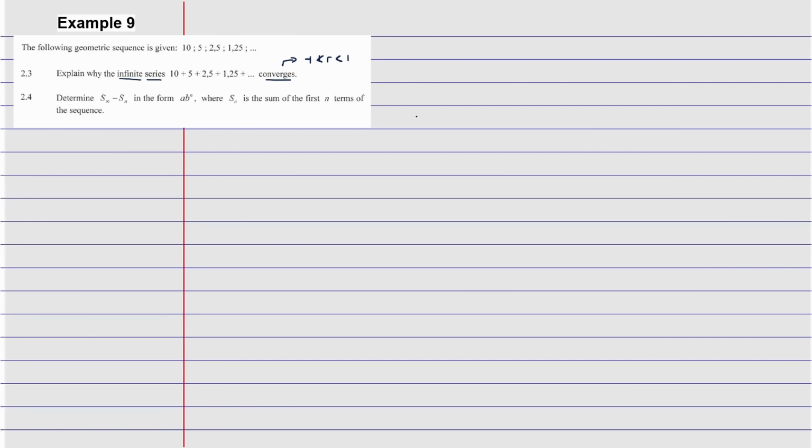So we need to calculate our r. We know that r is equal to T2 divided by T1. T2 in our case is 5, and T1 is 10. We get that r is a half.